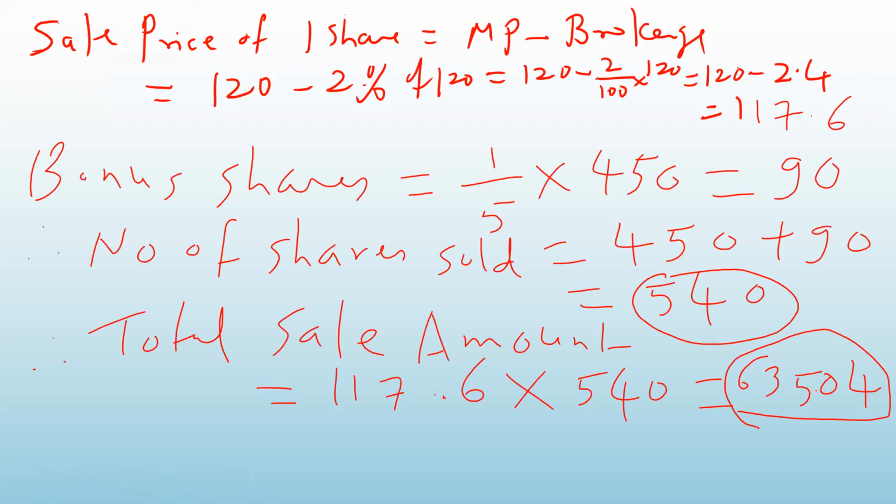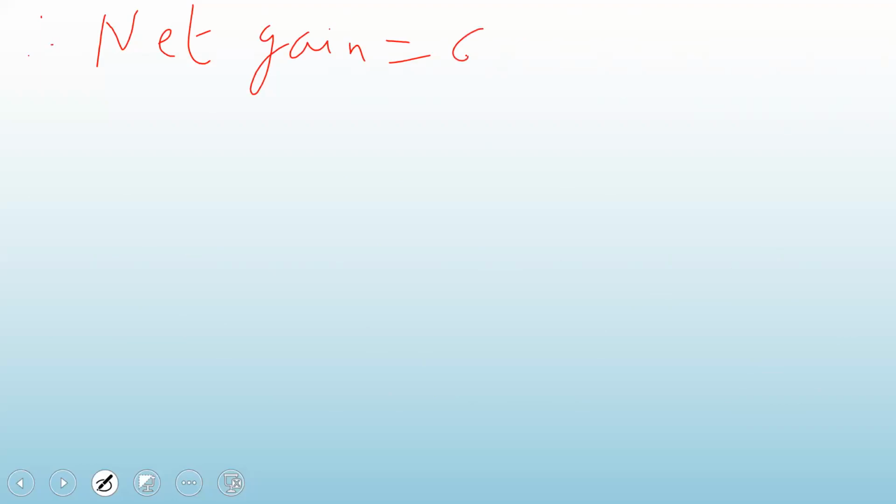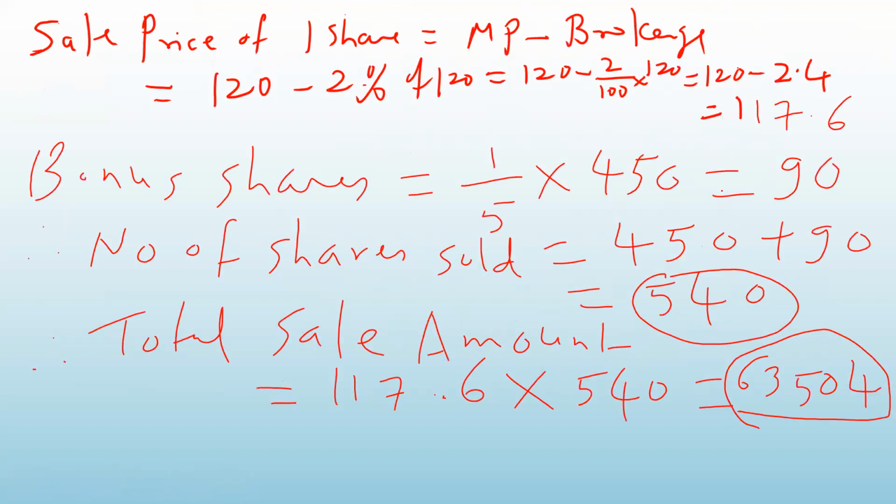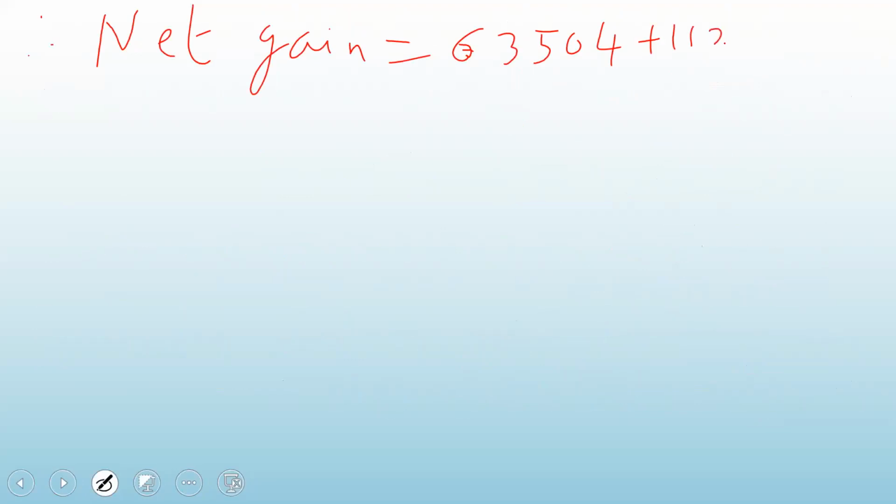Therefore, net gain is equal to the total sale amount. What is the total sale amount? 63,504, plus what is the total dividend? Total dividend was 1125.